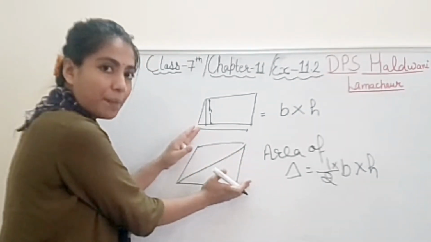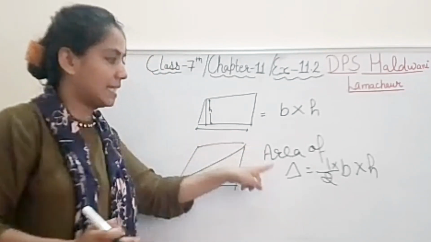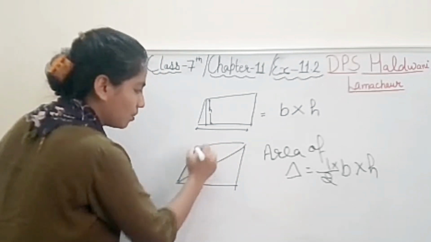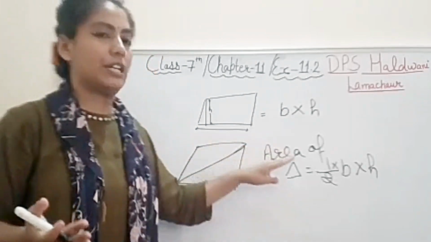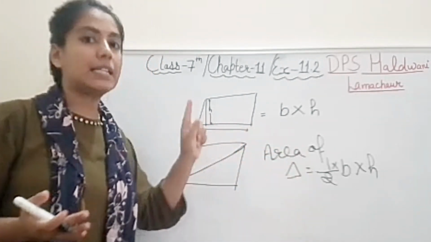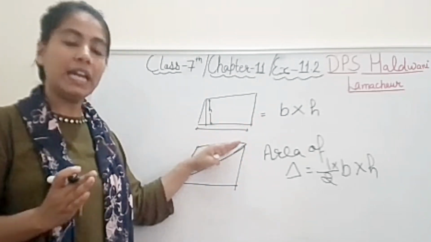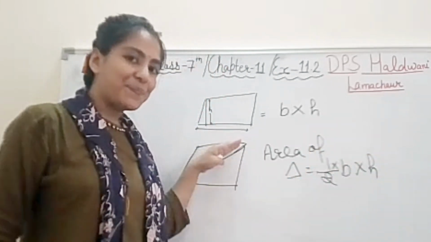It means half of the parallelogram, right? So half base into height is the area of a triangle. Have you seen? The upper one is also a triangle. So that is why, to make you learn the area of a triangle: area of a triangle is half base into height because a triangle is half of a parallelogram, right? And the rest, this is the area of a parallelogram, right?